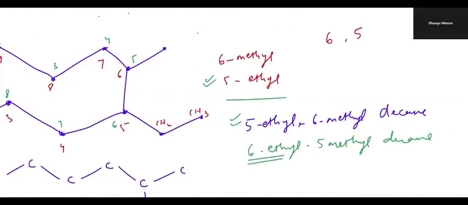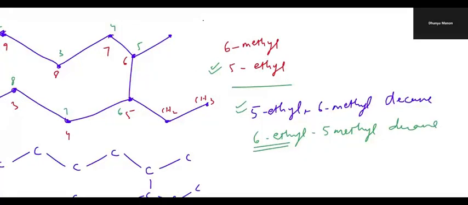Here also we are getting what? In both ways of numbering, we are getting 5, 6. The substituents are at the same positions. The first point of difference is the same. So at this time, the alphabetical order is preferred.